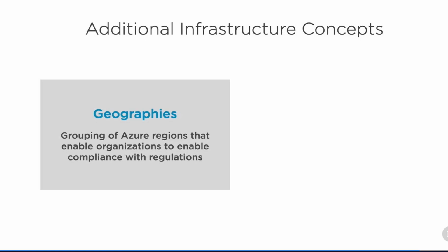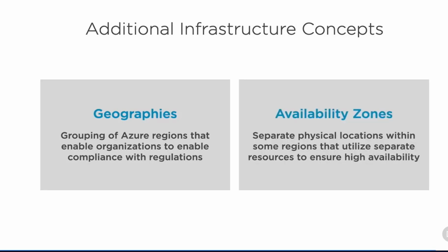So this is the concept of geographies. Another concept that has to do with high availability applications is the concept of availability zones. Some regions support these separate physical locations that utilize separate resources, meaning separate power, separate networking, so that you can ensure high availability within that region.